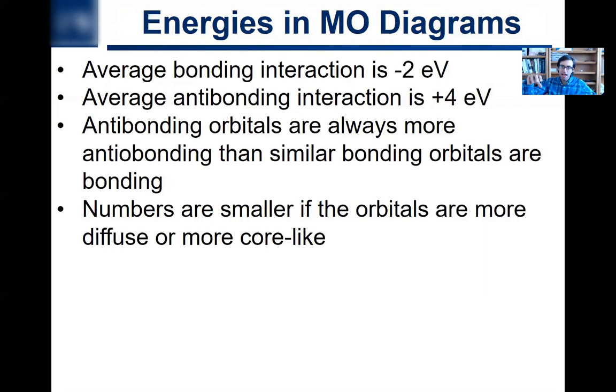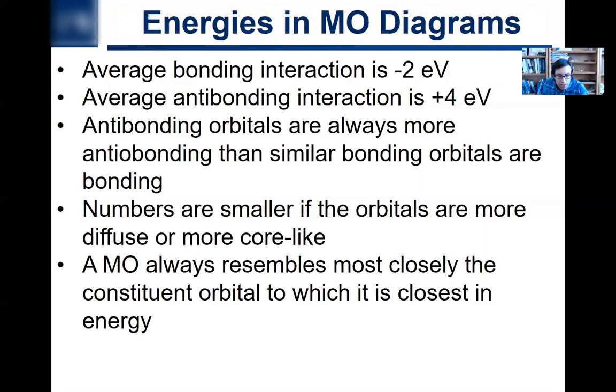Let's say you have two 2p orbitals, and now you go to two 5p orbitals. In those 5p orbitals, yes, you'll still have some electron density near the ends of the lobes where there is overlap, but you have a lot of electron density elsewhere that's not contributing to a bond. So that's why, as you go down the periodic table, you generally have weaker bonds, or the orbitals are just more core-like. And more core-like is code word for not similar in energy, right? So we saw that if you have core electrons, well, they're not similar, they're too far away to make bonds.